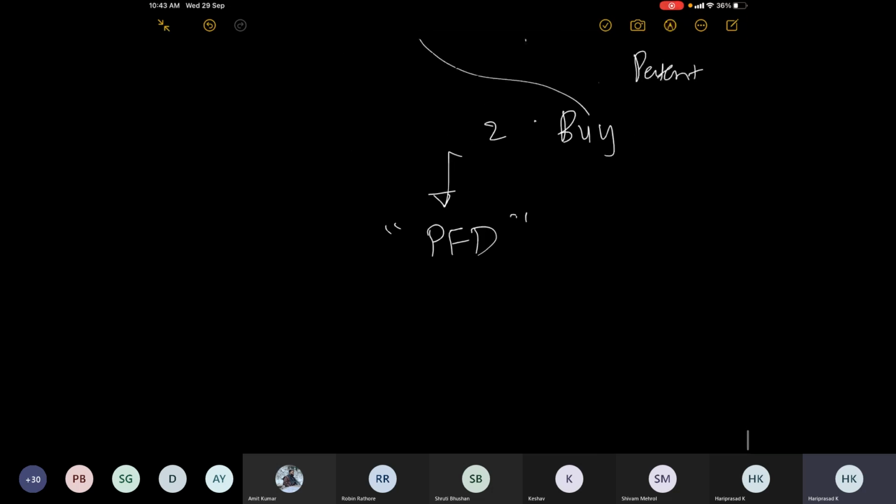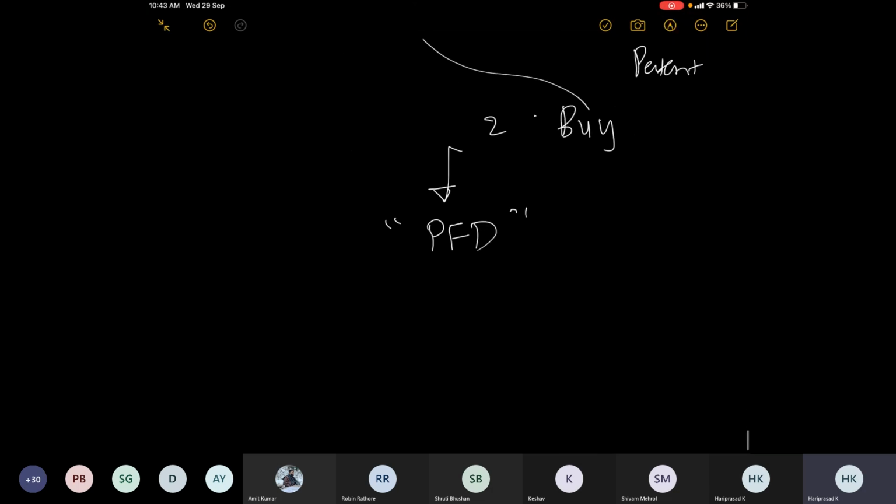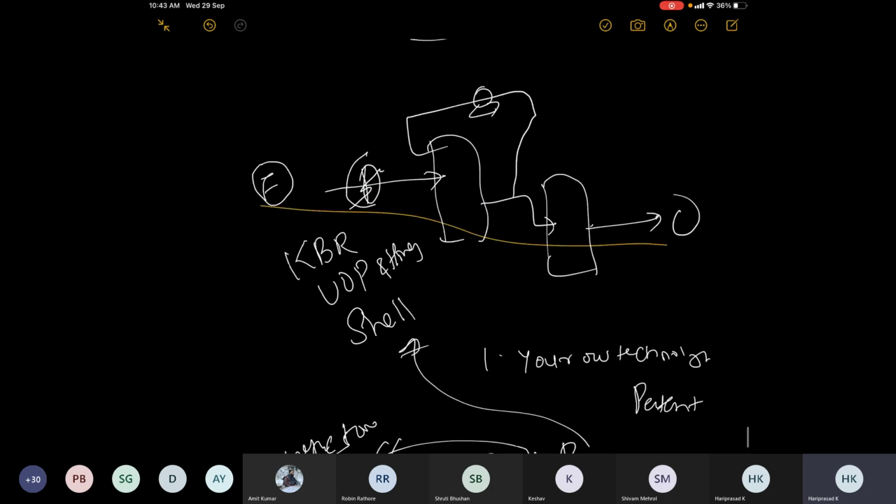To license the technology, you have to give them the specification: I need to make, let's say, 1,000 metric tons of ammonia per week. Based on that, they would scale the whole equipment and give you the preliminary details, such as a reactor size of maybe 1,000 liters.